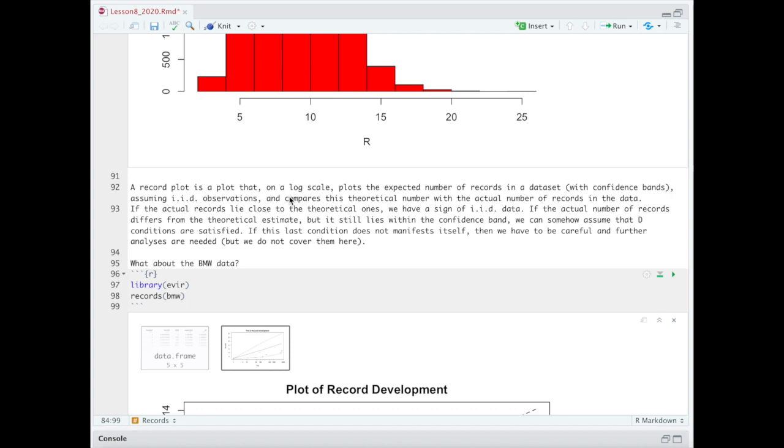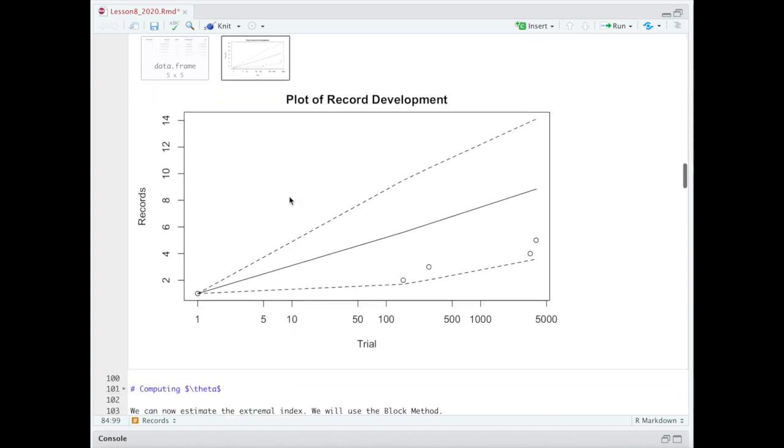Now, how can we use this information? We can use this information to create a so-called record plot. A record plot is a plot that, on a log scale, plots the expected number of records in our data, with confidence bands, typically 95%, but you can obviously change it, if we assume that our observations are i.i.d. So what happens is that in the typical record plot, you observe something like this.